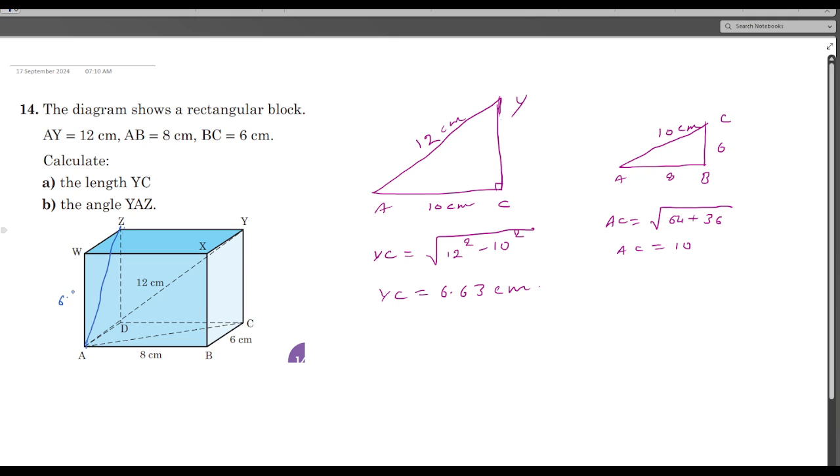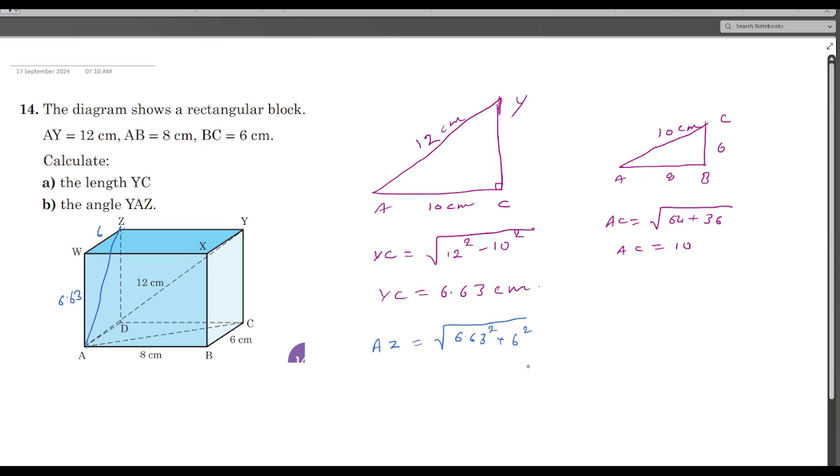So this length is 6.63, and then this WZ is going to be 6. So I will say that my length AZ is going to be equal to square root of 6.63 square plus 6 square.